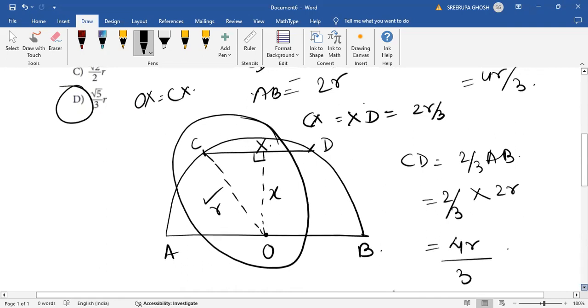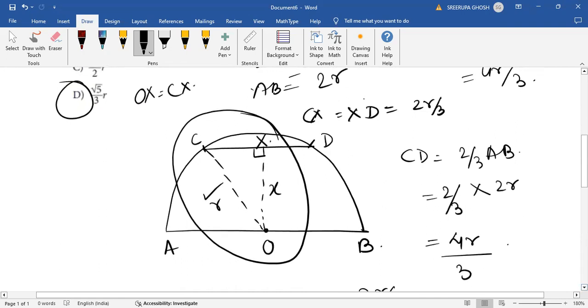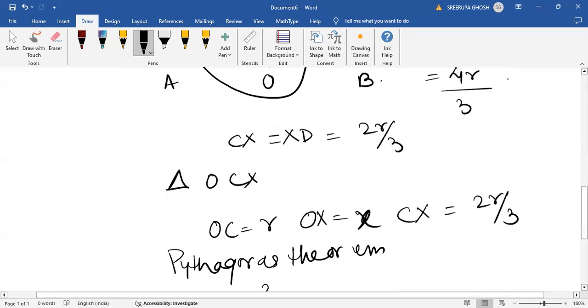We basically had to make that right angle triangle in order to find out the value of X. They had given us the details that AB is parallel to CD, CD is 2 by 3 of AB, and then we had the radius in terms of R. So we basically had to find this out, OX. If we had to find out OX, we had to form this right angle triangle CXO, use the details, then work with the Pythagoras theorem to find out the answer, right?